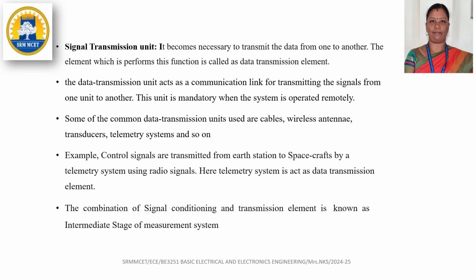For example, the control signals are transmitted from the Earth station to spacecraft by a telemetry system using radio signals. Here the telemetry system is acting as a transmission unit. The combination of signal conditioning and the signal transmission unit is known as the intermediate stage of the measurement system, while the primary sensing unit acts as the first stage.